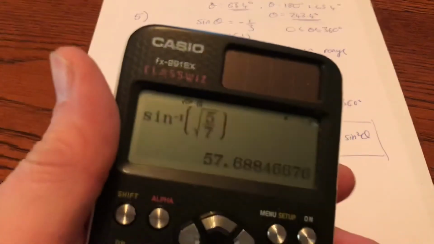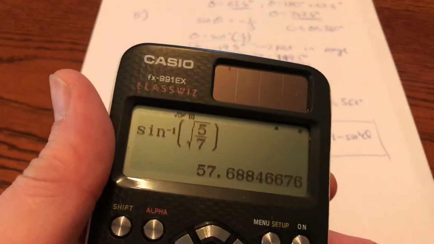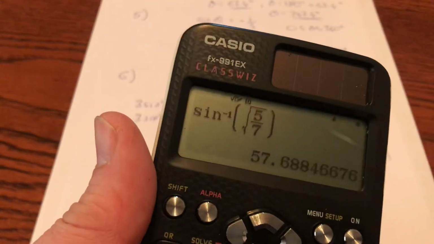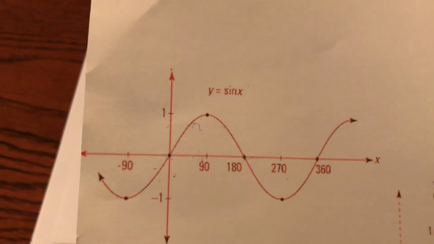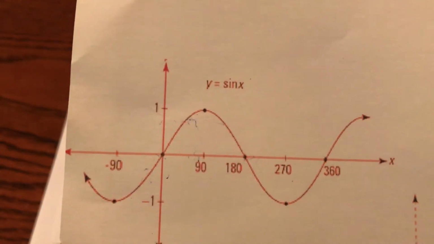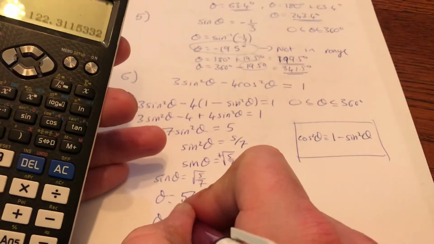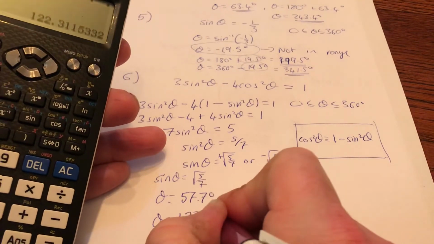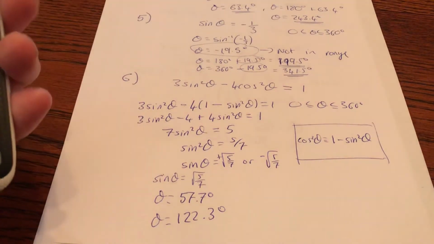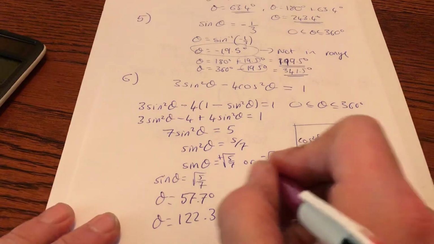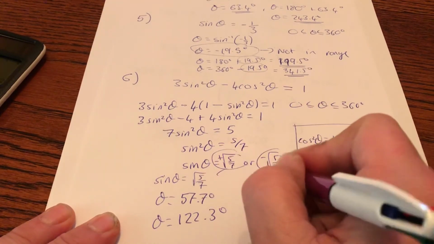And you remember from earlier that I can just do 180 minus that because of the graph. There you go. Great fun. 180 minus the answer of that. 122.3 degrees. Now I've got another set of solutions from this bit.